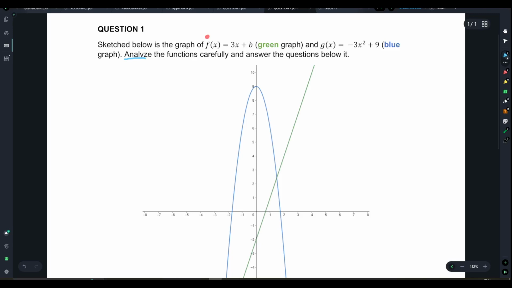So let's analyze. The quadratic function is facing down because of the negative a, the negative 3.